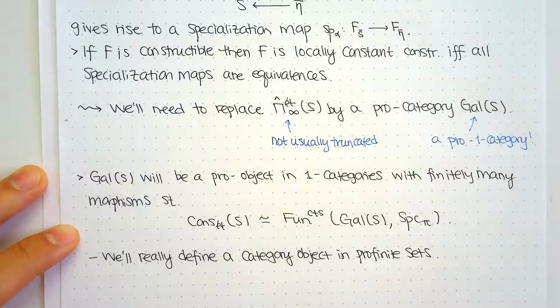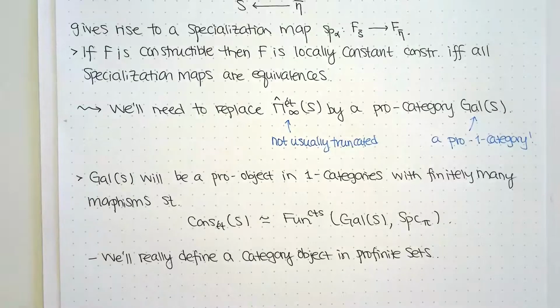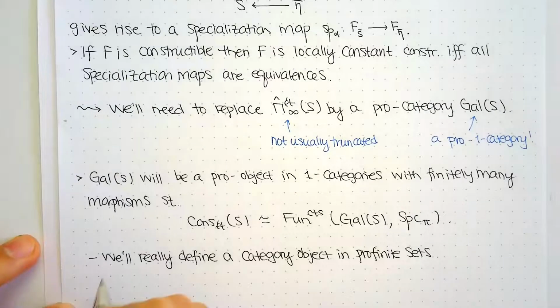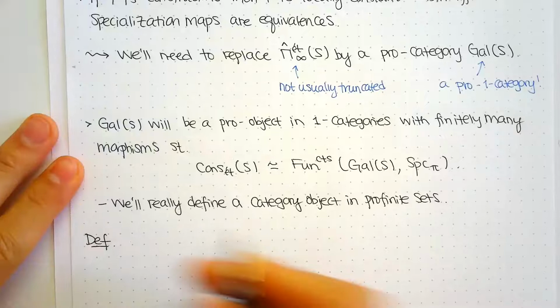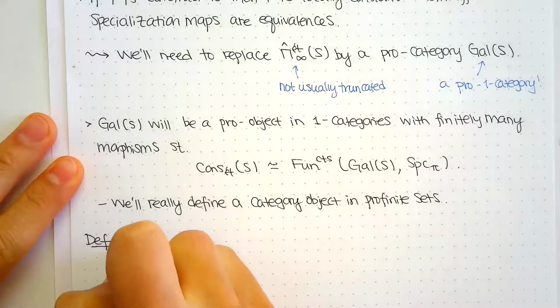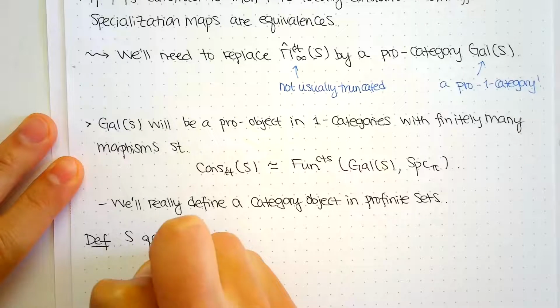Really, this comes from some much more complicated construction, but there's a simple version that is relevant. So okay, let's get on to the definition. Here's how it works. This will be a definition that will work for a QCQS scheme. So S will be a QCQS scheme.